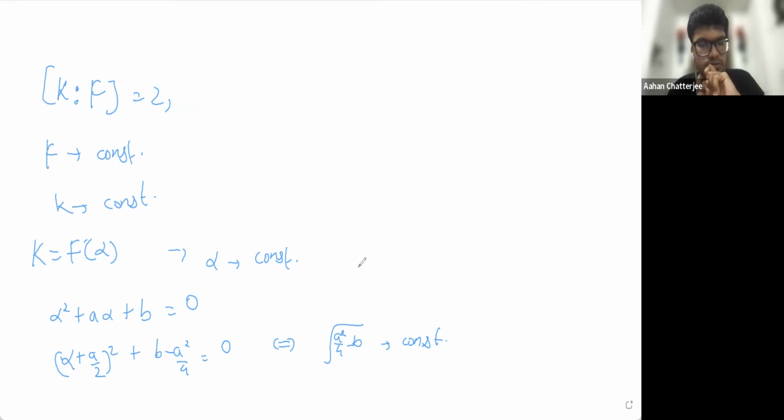Now the idea is to use the angle bisector condition, right?